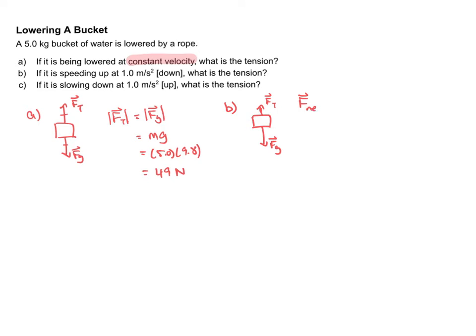So F net, the net force, is defined as the sum of all of the forces. So we use a plus sign to represent sum. That is the correct statement when we're leaving everything as a vector. Now, the net force is going to equal m times a.